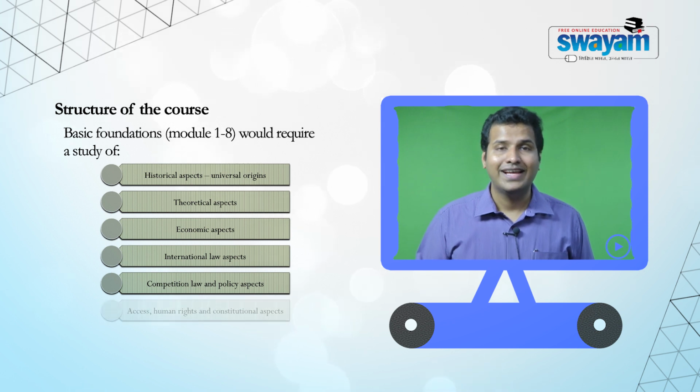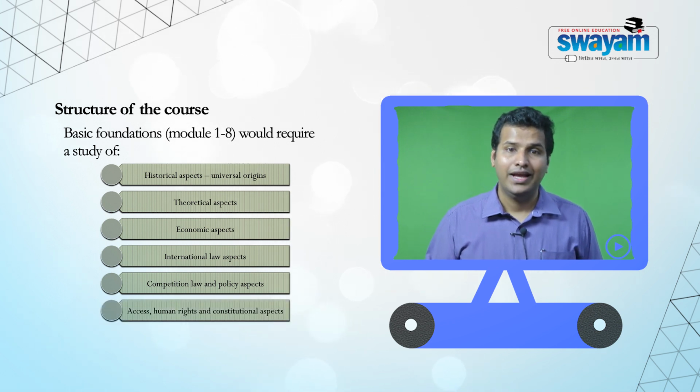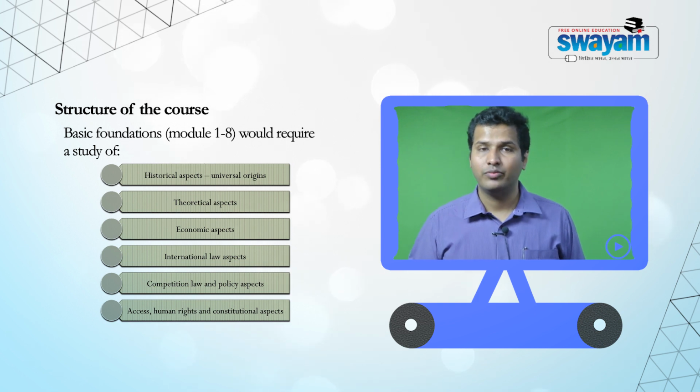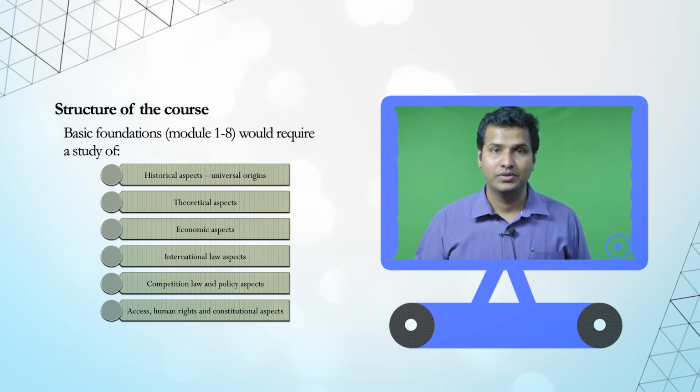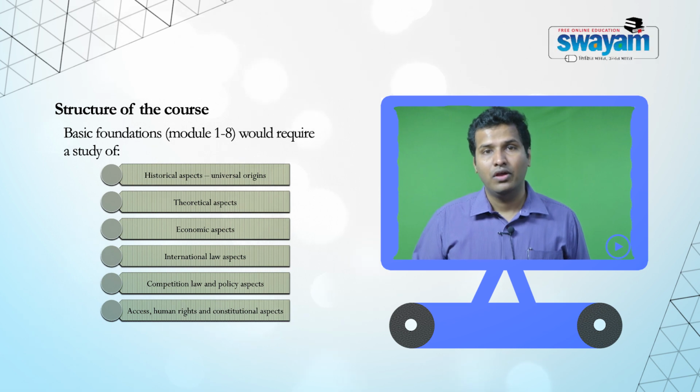Finally, access, human rights and constitutional dimensions of intellectual property have to be understood. So in this module, we are going to understand the public policy aspects involving the effects of intellectual property rights, primarily because intellectual property rights allows through its market exclusivity to raise prices, and how price based competition might be stifled due to certain kind of use and abuse of intellectual property.